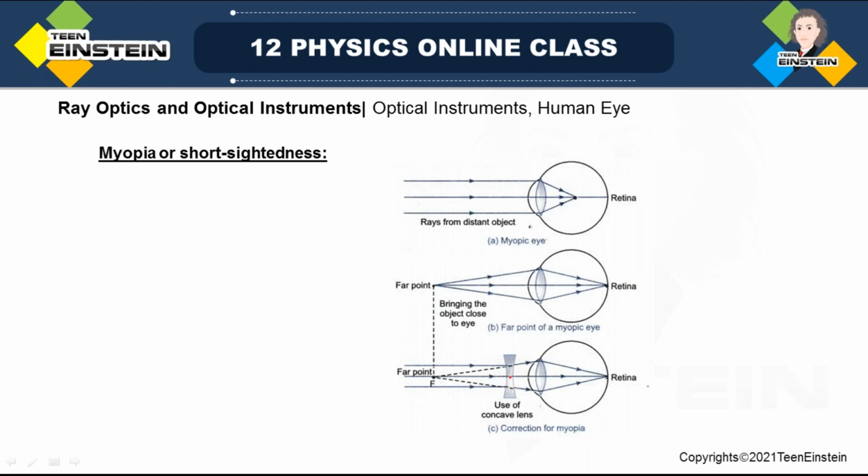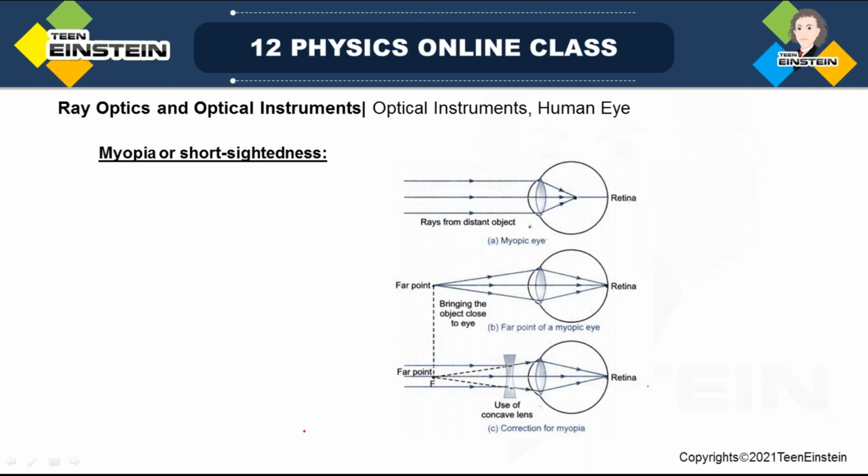So you have to take the focal length of this concave lens such that the virtual image formed by this concave lens is at this particular point F. So we have to choose the focal length of this lens accordingly. Then we can talk about its power.